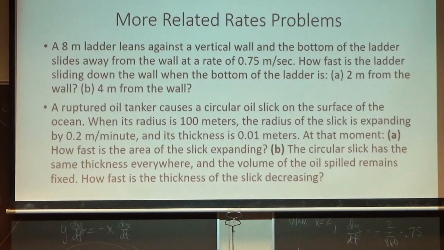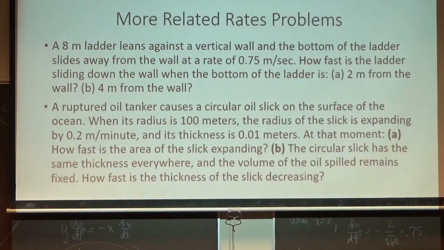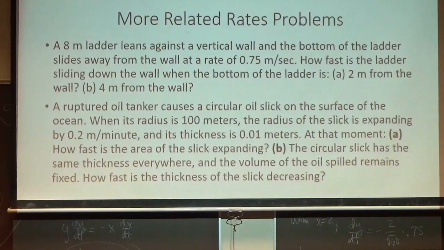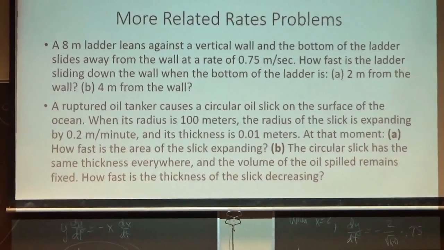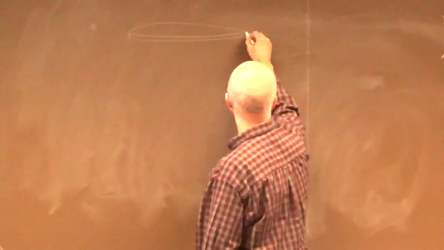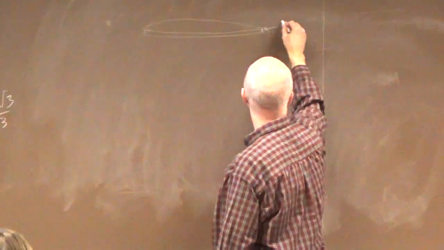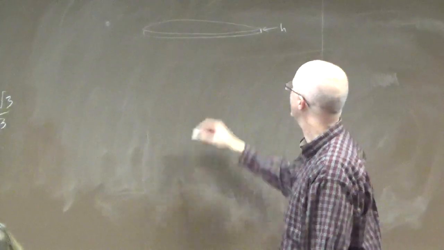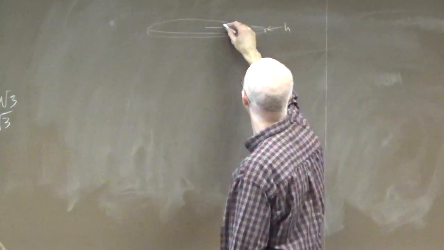So it seems to me, based on how this is phrased, that we're modeling the oil spill as a thin cylinder, a thin hockey puck. Let's call its thickness h for height. Let's call its radius r.